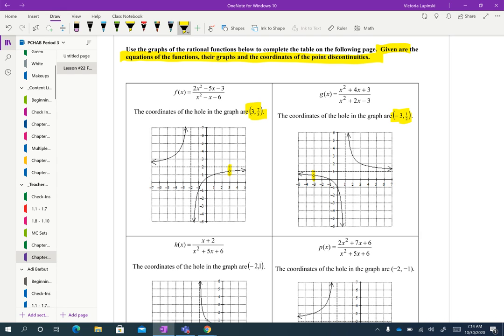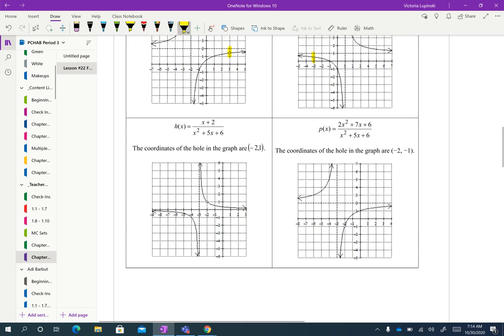Again, kind of the nice reason why we're doing these worksheets is because you really do need to see the immediate connection between the equation and the graph. Then the 2 on the bottom, so your coordinate for graph number 3 would be (-2, 1), where your coordinate for the final one would be (-2, -1). And again, we're going to go ahead and just highlight all those point discontinuities.